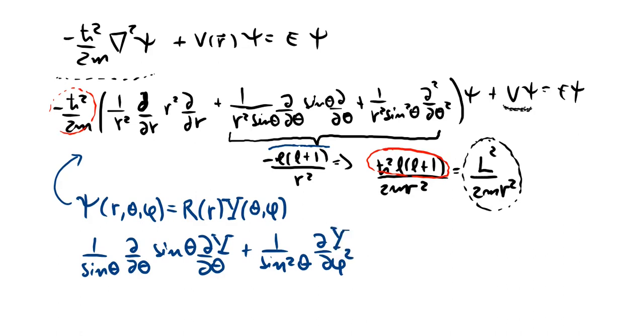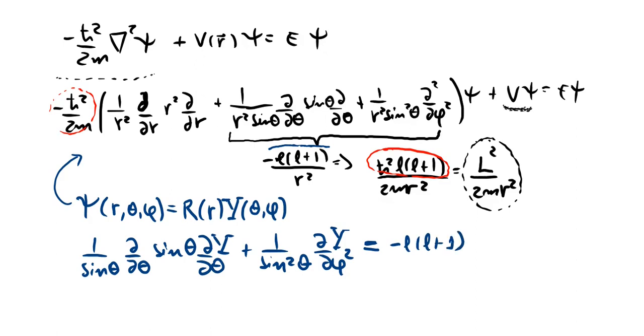Oh, actually, I just realized that I made a mistake here. The last term here is not a theta, it's actually a phi, of course, right? So this is the phi derivative here. Then this is what I'm saying needs to be equal to a constant, right? And this is what I call minus l(l+1), okay?